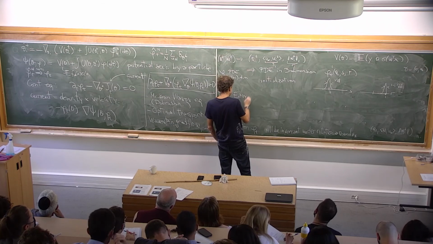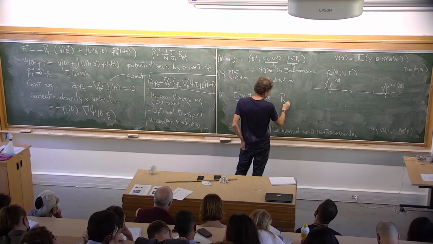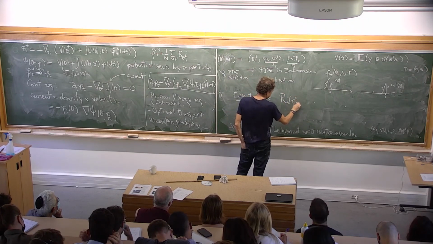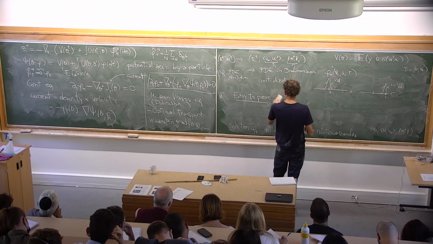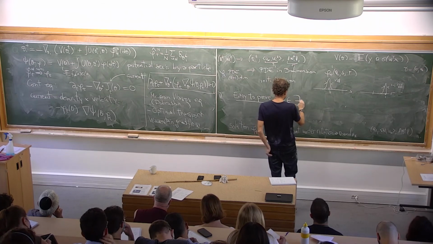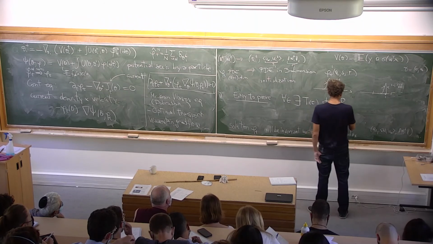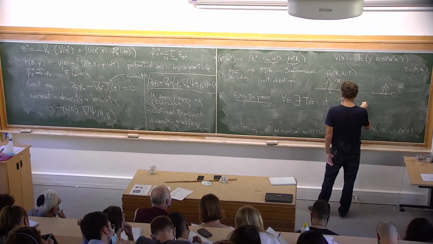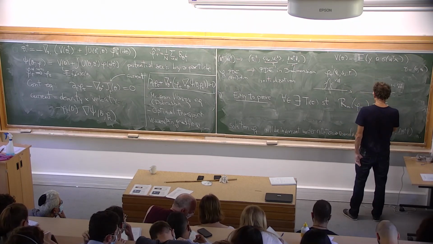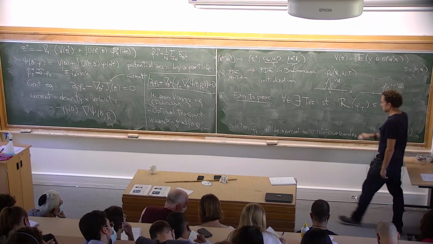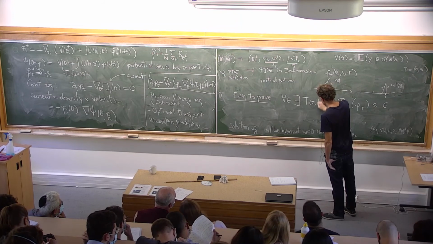If I look at the risk achieved by the PDE, for any epsilon there exists T of epsilon such that the risk achieved by this PDE at time T is less than epsilon.